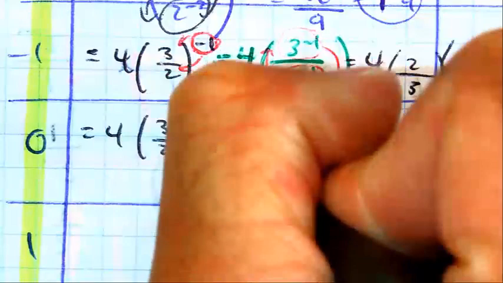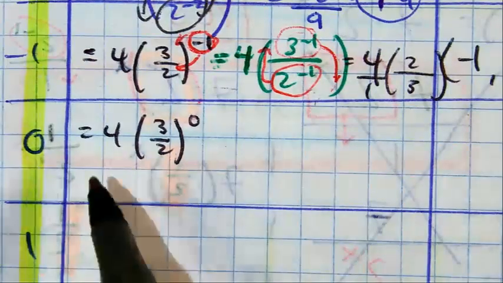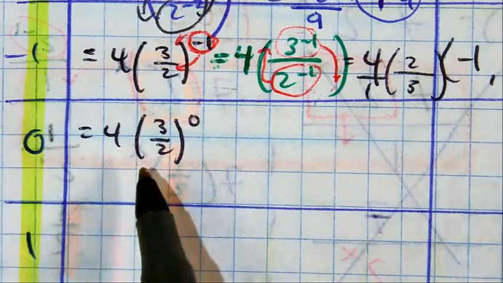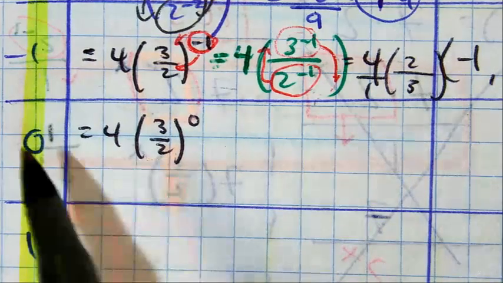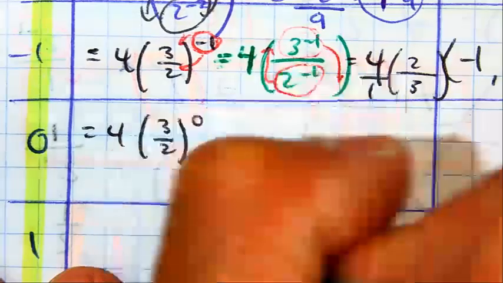If I put in 0, super important for exponential functions. Partner B, tell partner A something to the 0 power. On the count of 3, class, ready? 1, 2, 3. 1. Make sure you write that. Anything to the 0 power is 1.